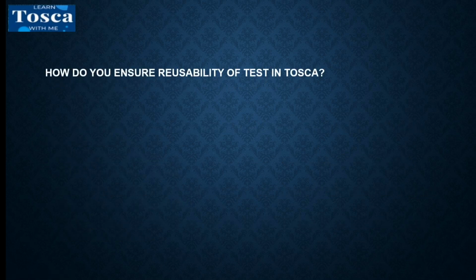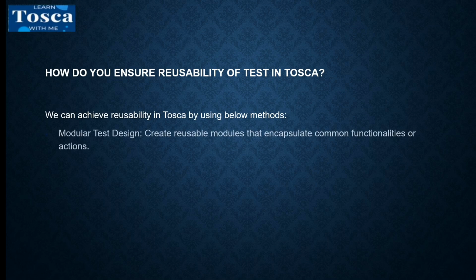The next question is, how do you ensure the reusability of tests in Tosca? To achieve reusability in Tosca, we have a few methods. First, modular test design, where we create reusable modules. Suppose you have one web page with some controls, and in the first page we have 3 to 4 controls, which are the same controls in the second page as well.